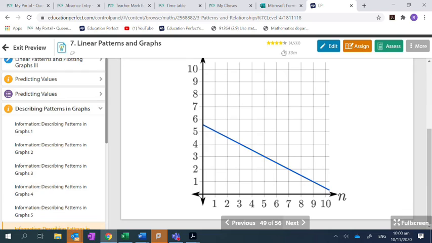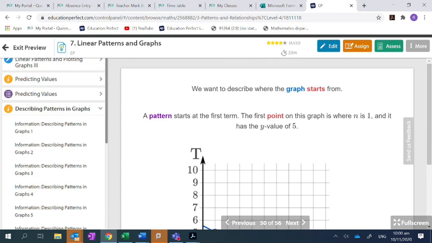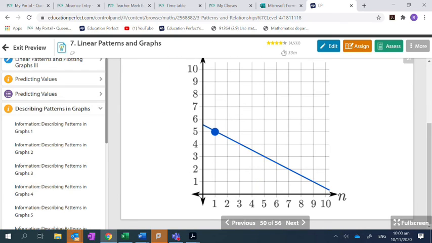Well, clearly we're going down. And they're using just the whole numbers. So if you start at 1, now, we don't agree with that, do we? Because where does this graph actually start? At 0, 5.5. But let's just go with what they have. So 1, what value does that give me? 5, right? So they're going to say it starts at 5.